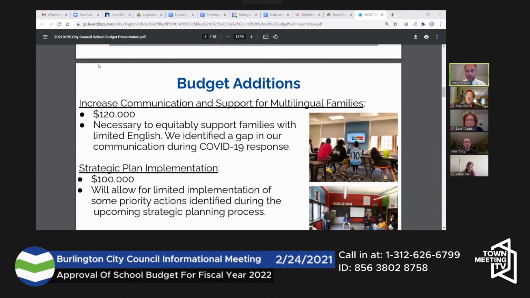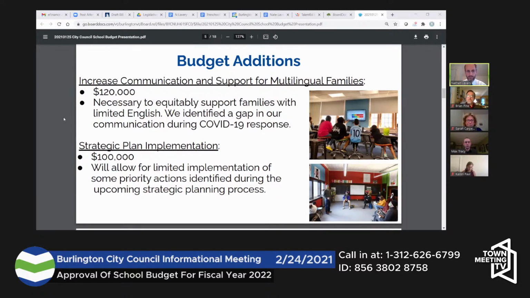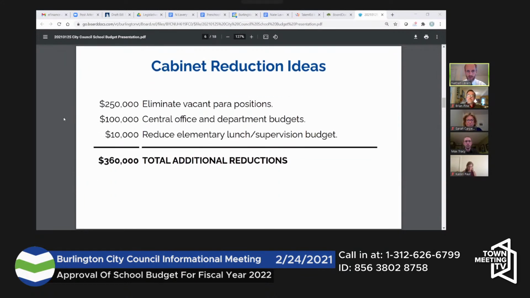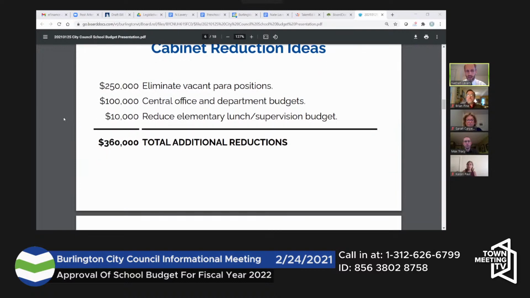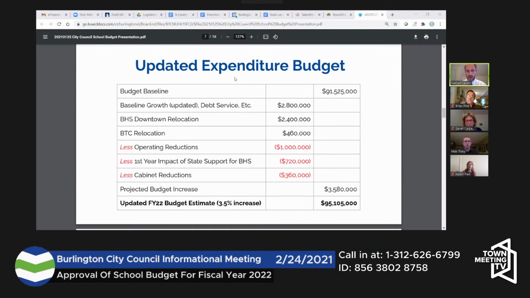We also made a few modest increases to the budget, including adding some money to support communications with our multilingual families, and also some money to support implementation of our new strategic plan in the coming year. We further identified with our principals and directors opportunities to create savings associated with eliminating vacant positions and other budget reductions. All of this done, as you'll see on the next screen here, in order to control the rate of growth in the school budget.